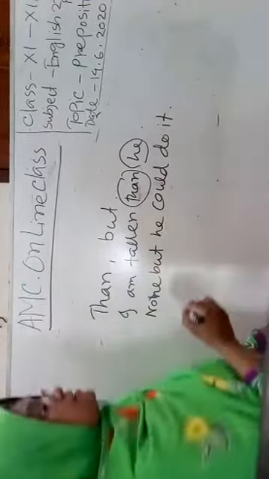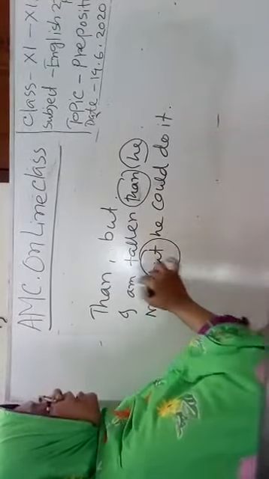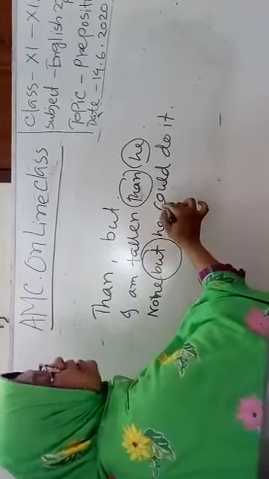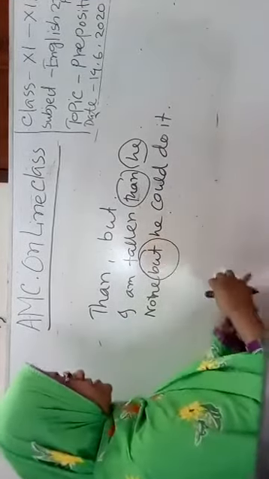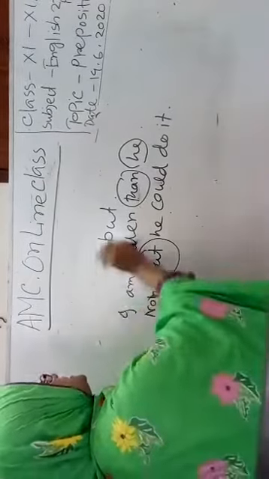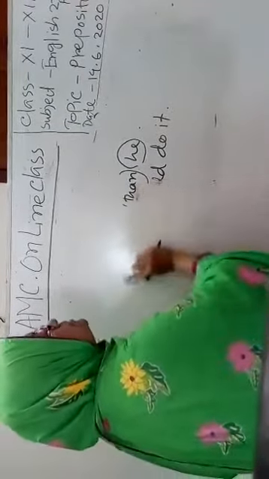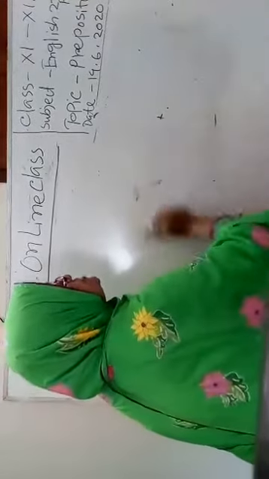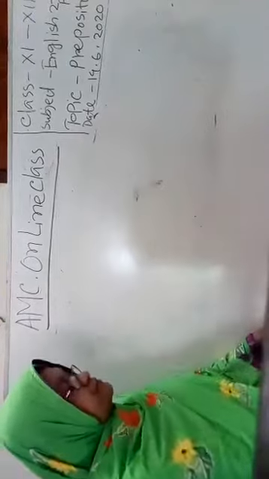None but he could do it. In this sentence, this "but" is also a preposition, and it takes a clause as its object. So these two words are conjunctions, but in special cases they can be used as prepositions.